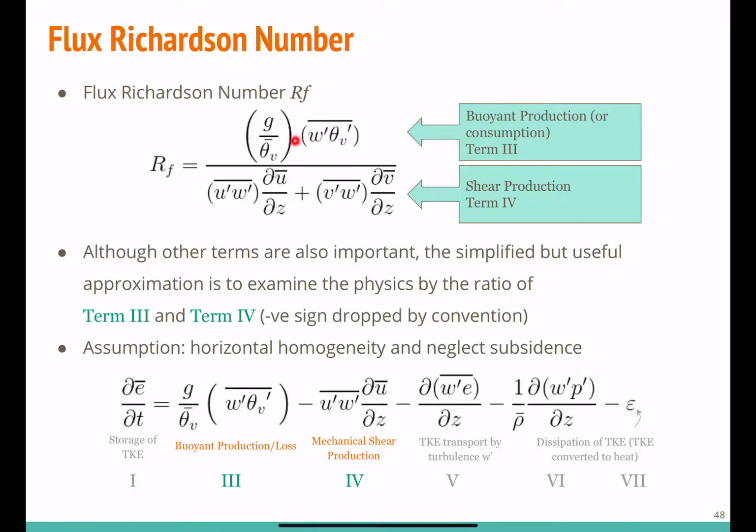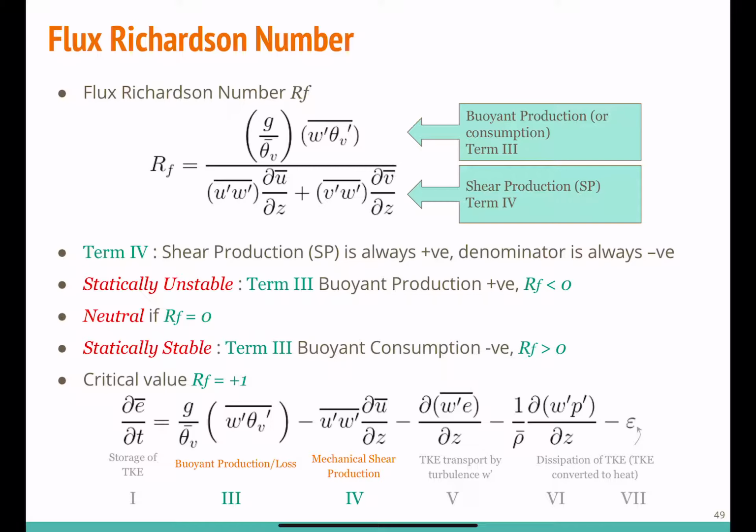By the ratio of these two terms, the negative sign is dropped by convention. So there's a negative sign in here, but we drop that by convention. Okay, and then all the assumptions still stand. And here the shear production is always positive, this whole term including this negative sign, which means that the denominator in here is always negative because of the negative sign in here.